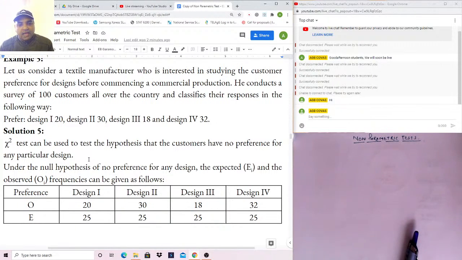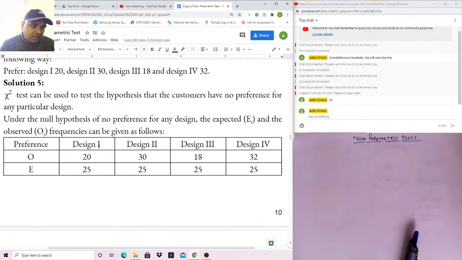But if you have the knowledge of statistics and non-parametric tests, you can apply the chi-square test to find out whether these numbers which you are seeing in front of you, 20, 30, 18 and 32, are merely by chance, or whether there really is a significant difference in the preference of the customers. So how to do that? The chi-square test can be used to test the hypothesis that the customers have no preference for any particular design.